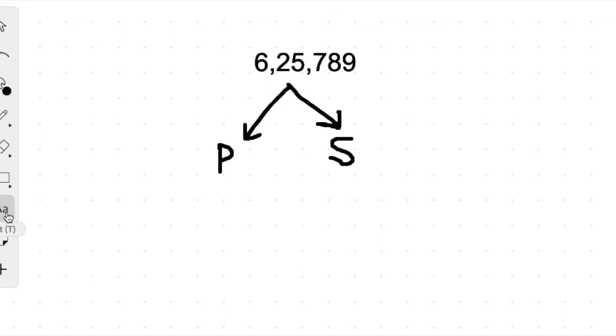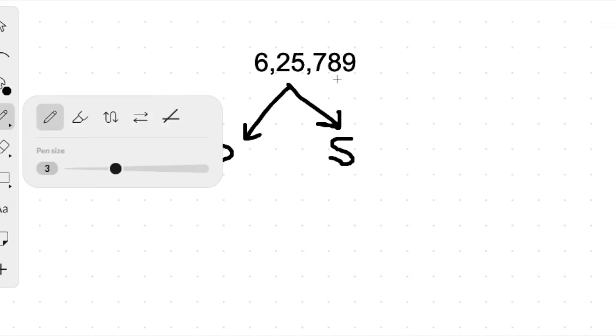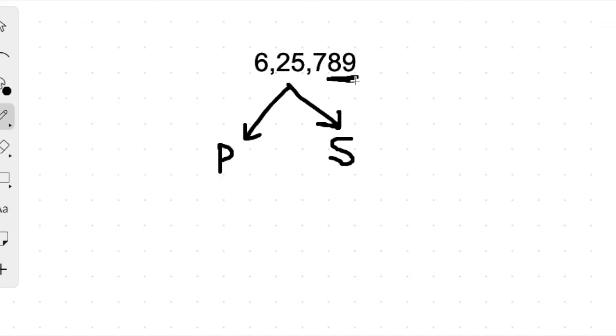Predecessor is when we move 1 back. So if you see this number, this ends with 89. If you move backwards just one step, what will be this number? Yes, you are right. It will be 6,25,788.